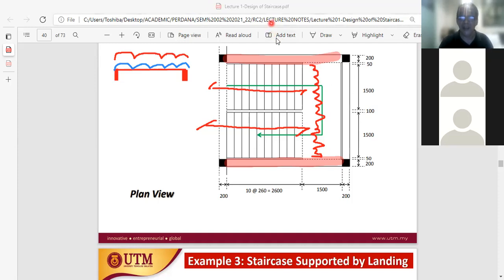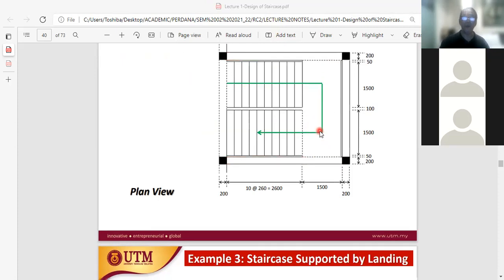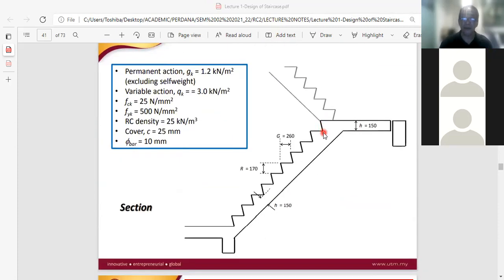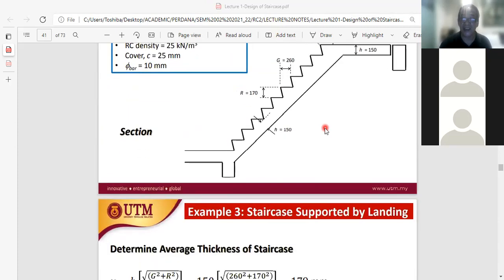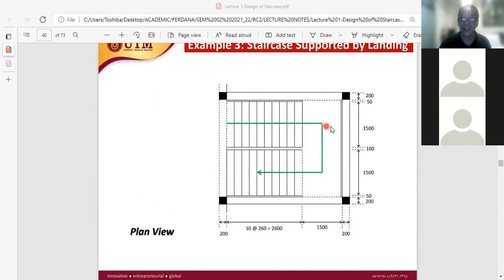Anybody tak berapa clear on how kita come to a conclusion that now we are looking at a case where we have two different components. One is the landing and another one is the staircase, the inclined component.